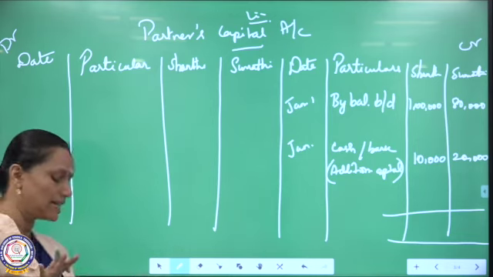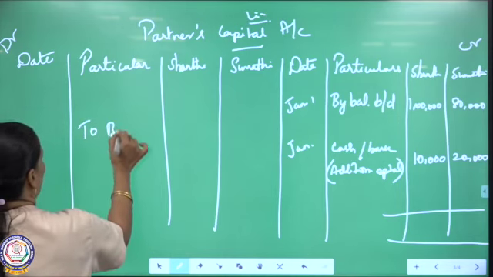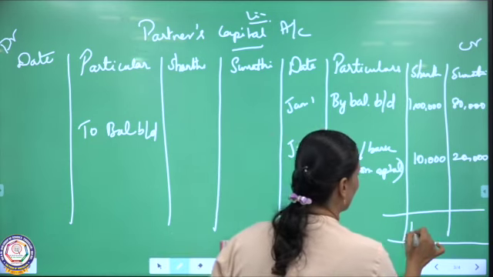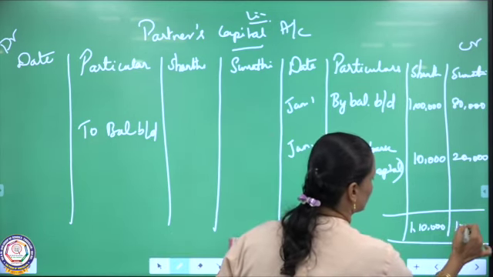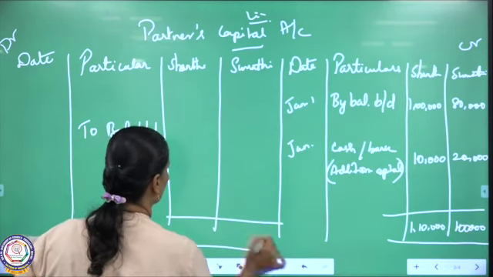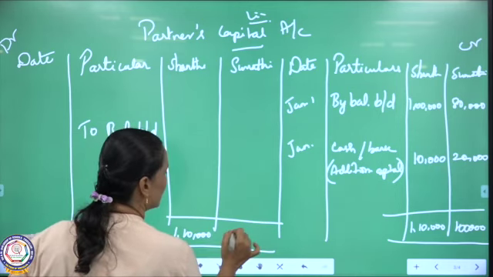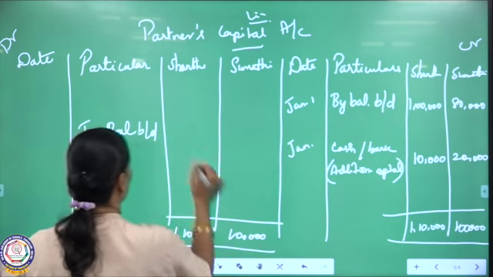So, we leave those drawings, okay. To balance brought down, how much is it coming? 1 lakh 10,000, and 1 lakh, okay. So, here also we have to calculate, here 1 lakh 10,000, 1 lakh, okay.